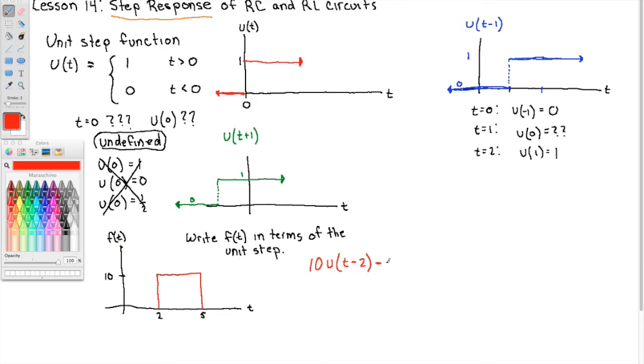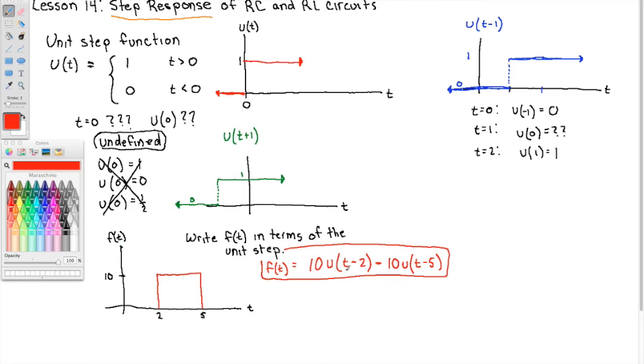We're going to subtract a unit step, and we want to subtract 10 units. 10 times the unit step, and the discontinuity happens at 5. So we're going to say t minus 5. And we suspect that this is our function. This is the answer. That's our guess.